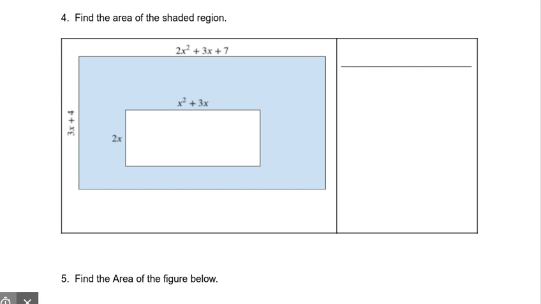Right, this is problems 4 and 5 for our chapter 7-8 review sheet. So on problem 4, where we are finding the area of the shaded region, this comes in two parts.